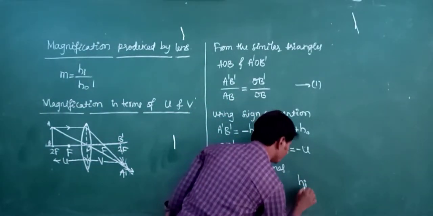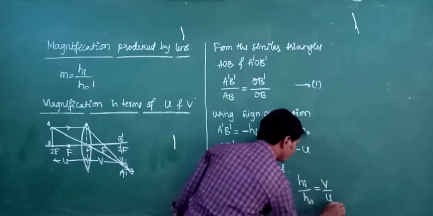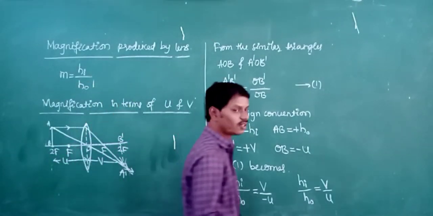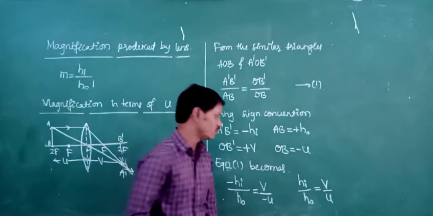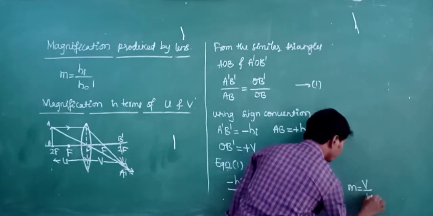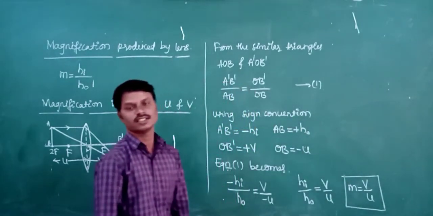HI by HO is equal to V by U. HI by HO is nothing but the linear magnification, also called transverse magnification. That is, M is equal to V by U, and it is the magnification in terms of object distance and image distance.